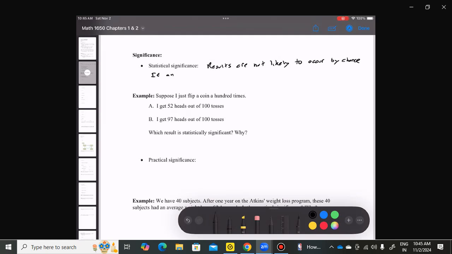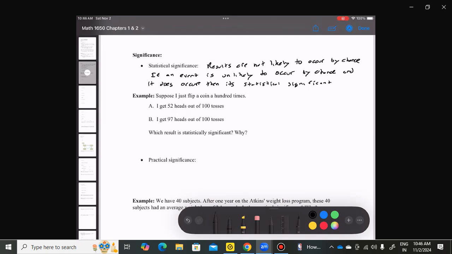If an event is unlikely to occur by chance and it does occur, then it's statistically significant, especially if you can repeat the study and get it to occur more than one time.